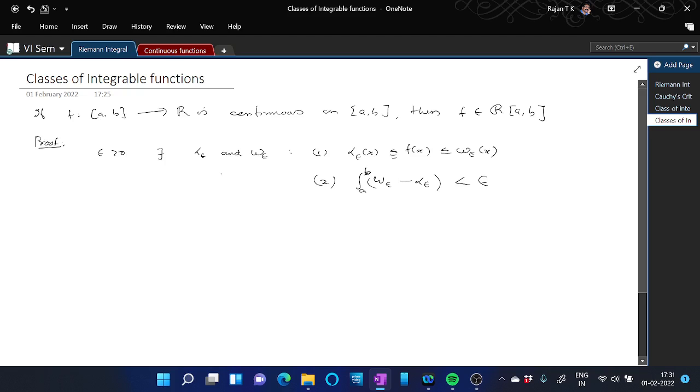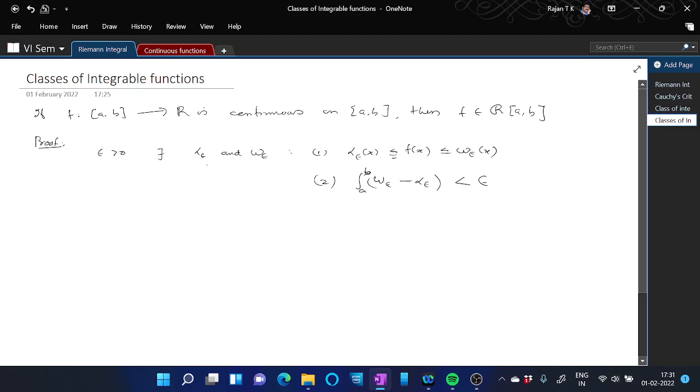Then we know by one theorem this function is Riemann integrable. A function is Riemann integrable if there exist two step functions alpha epsilon and omega epsilon for every epsilon. If we can find functions satisfying these two conditions, then we can assure that the function is Riemann integrable.